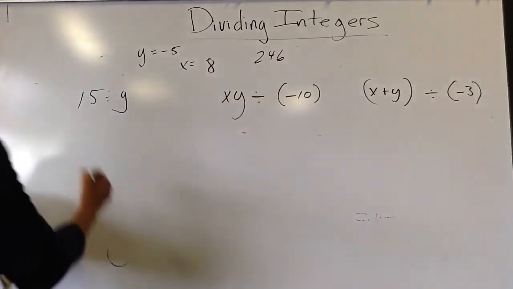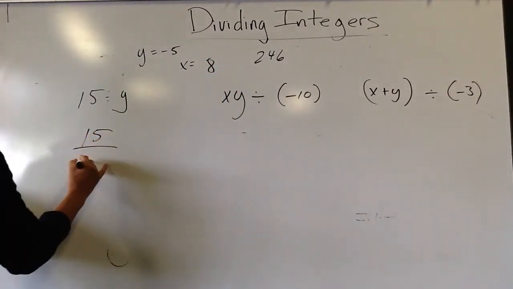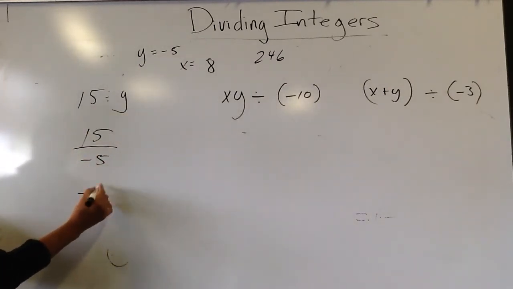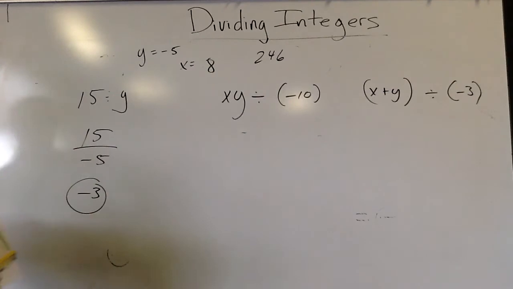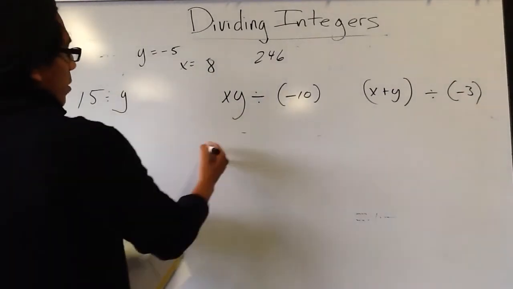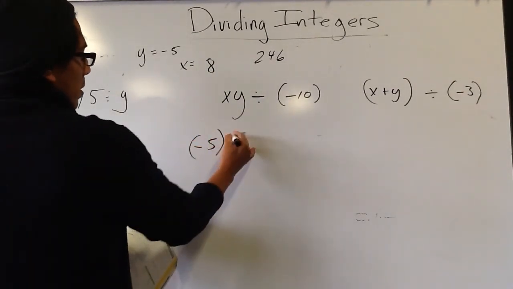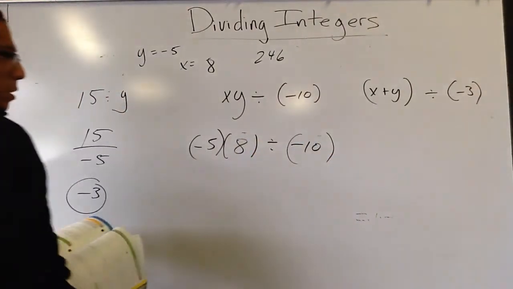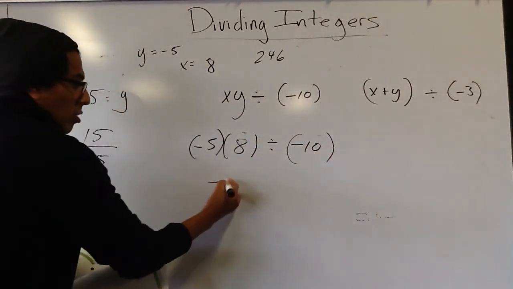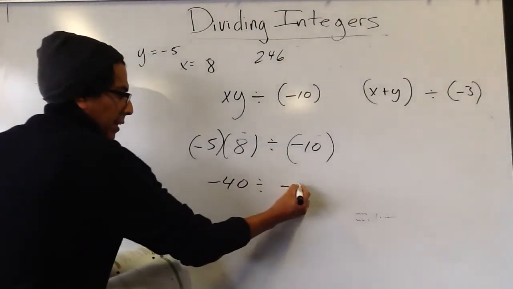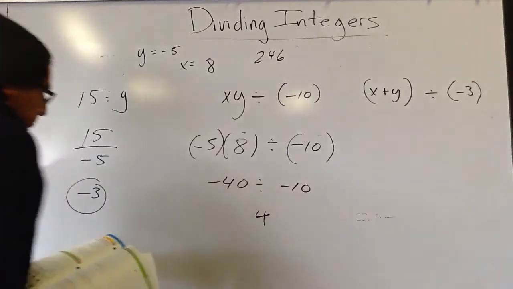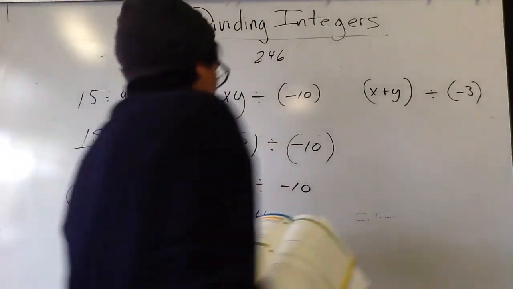All right, so rewrite it. See that? I immediately move to this. So negative 3. A positive divided by a negative is a negative. All right, multiply those. Negative 5 times 8 divided by negative 10. All right, negative 40 divided by a negative. What's a negative divided by a negative? A positive 4.